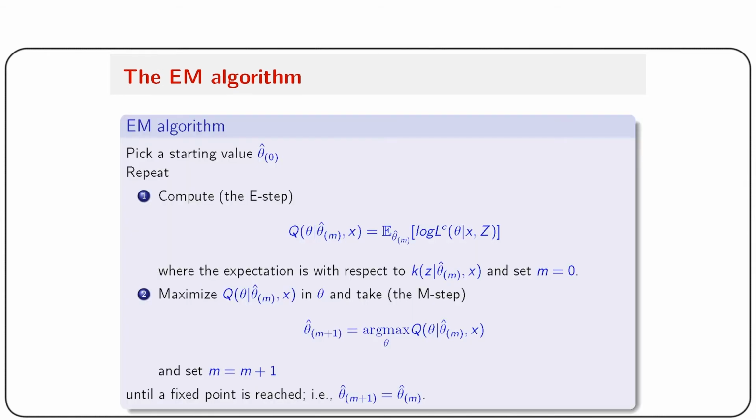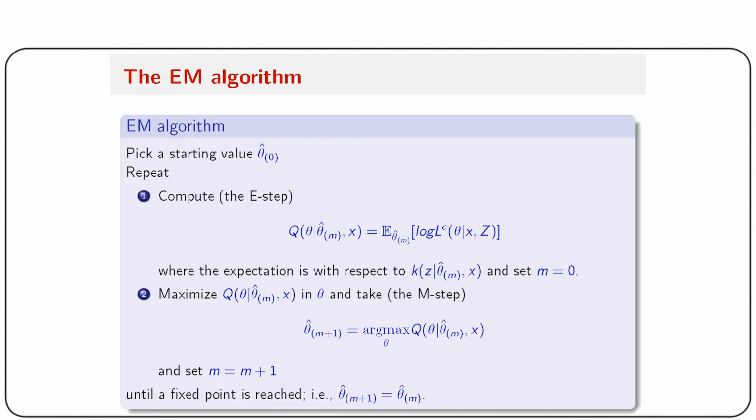The actual algorithm for EM, I also try to help you recall. Pick a starting value theta hat 0, and then repeat. The expectation step is Q(theta given theta hat m, x) equals the expectation under theta hat m of log Lc(theta given x, z), the complete likelihood, where the expectation is with respect to k(z given theta hat m, x), and set m equals 0.